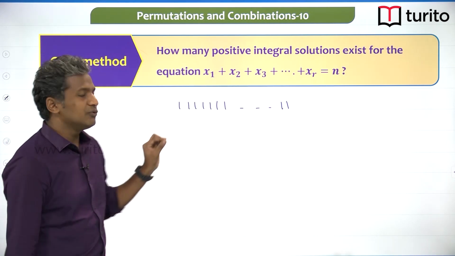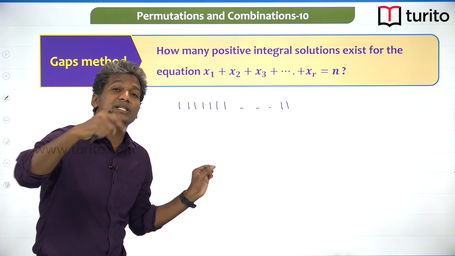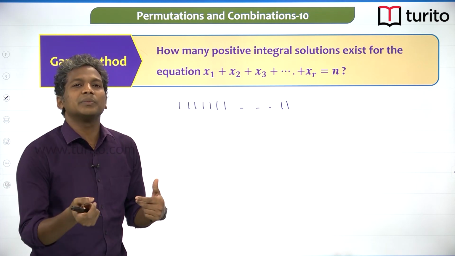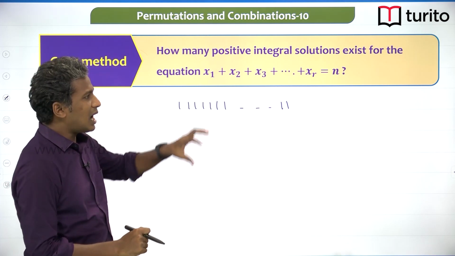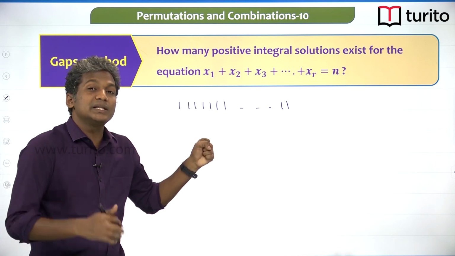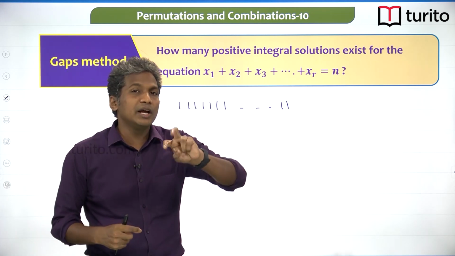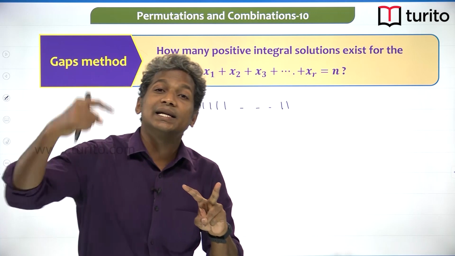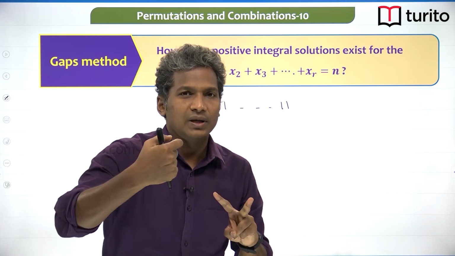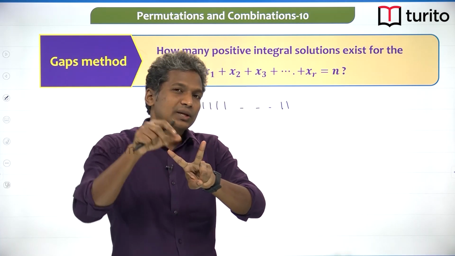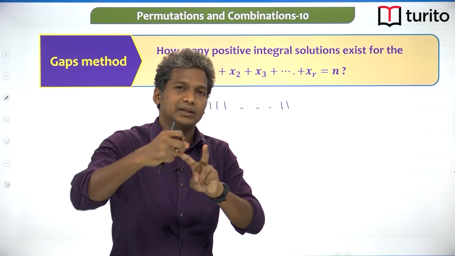And we are going to put r minus 1 zeros, or r minus 1 flags. These r minus 1 zeros should be placed in such a way that between every two zeros there is at least one 1. That means between every two zeros there should be at least one element there.